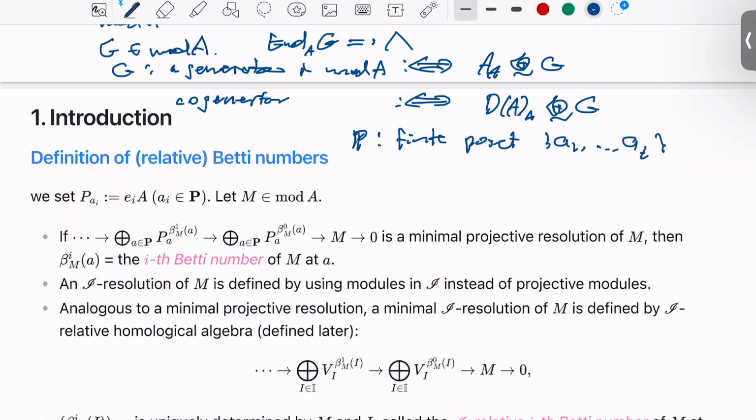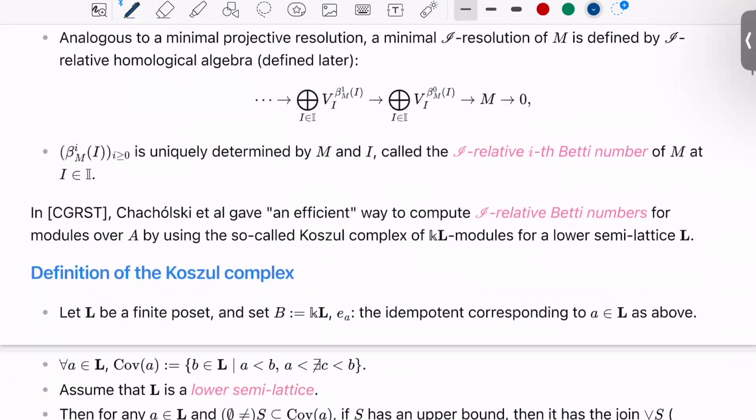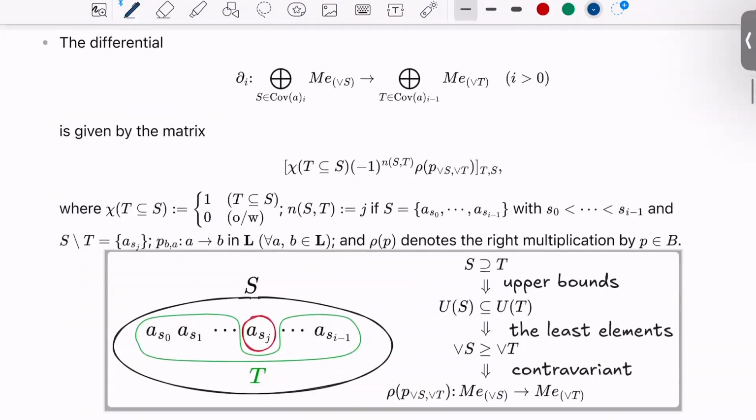Then usually it is the incidence algebra, as it is called later.